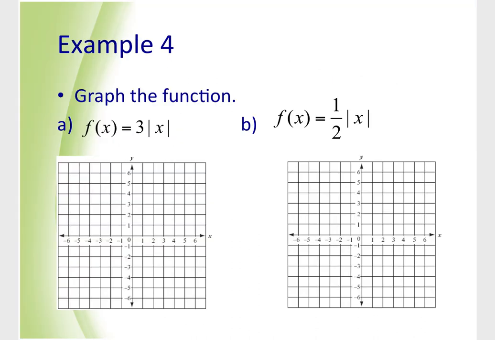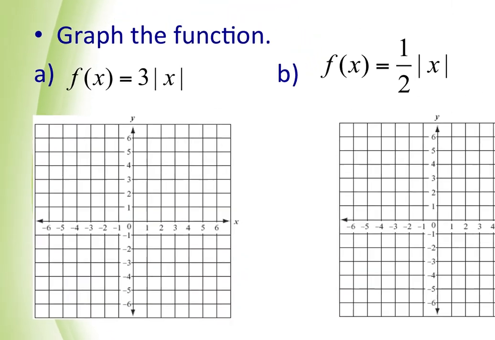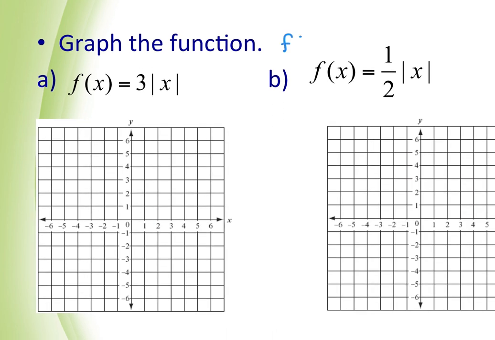Okay, so graph the function. These are approximations, but we'll talk about exactly how that happens in a minute. Now, what's my parent function? Absolute value, which looks like a V. Okay, the 3 on the front is doing what? We say narrow, or we could say vertical stretch.